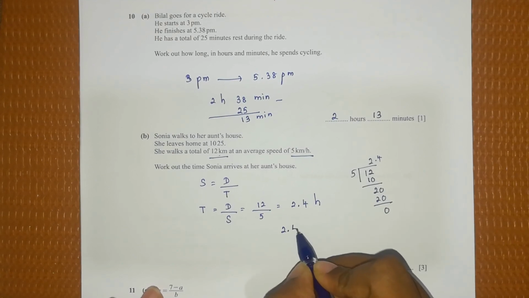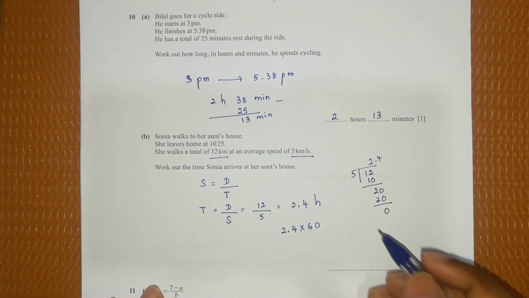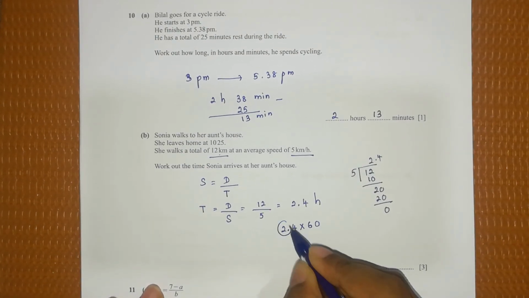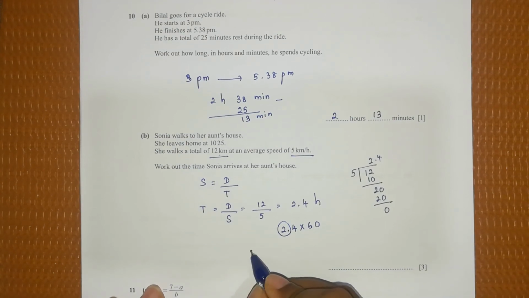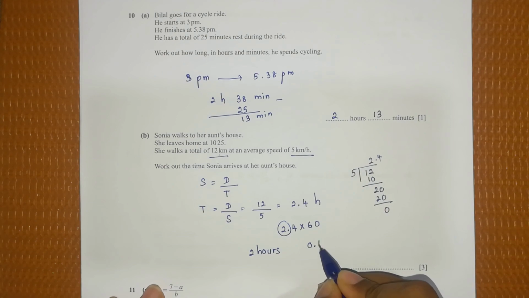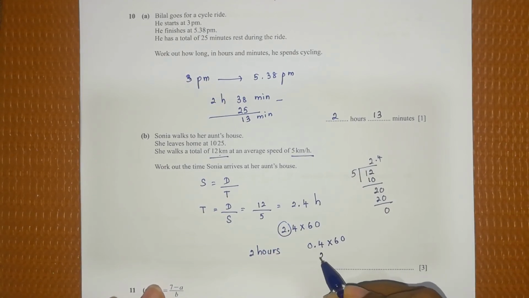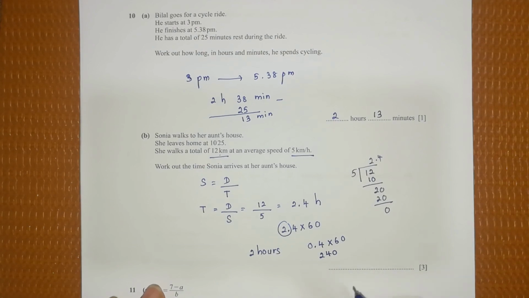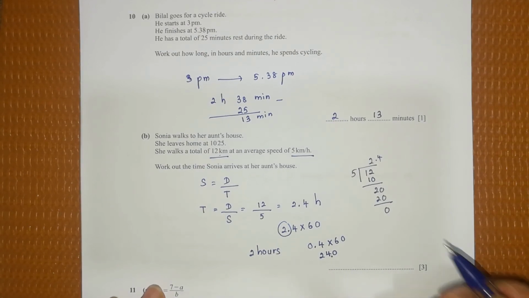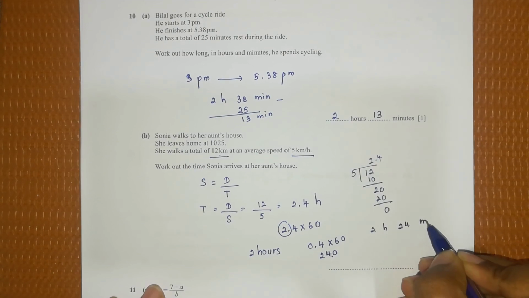We can multiply 2.4 by 60 because 1 hour is 60 minutes. Or else you can consider 2 separately. Let's do it like that. 2 hours and 0.4 hours times 60. 4 times 6 is 24, and here there's a 0, 24. So for the journey it's 2 hours and 24 minutes.